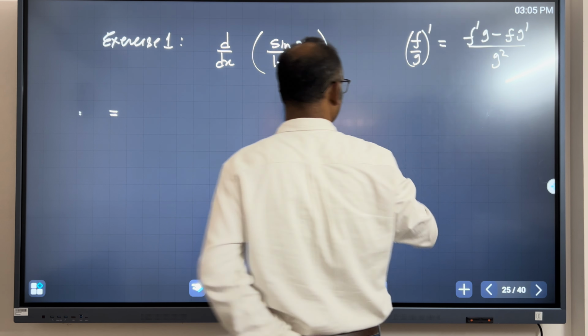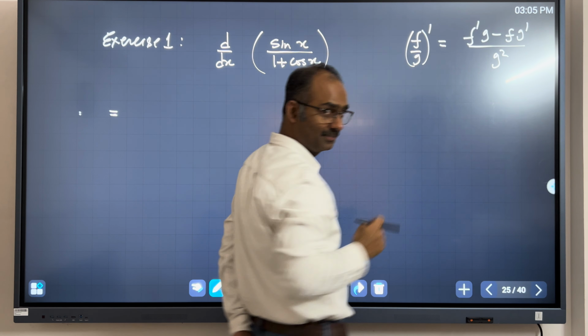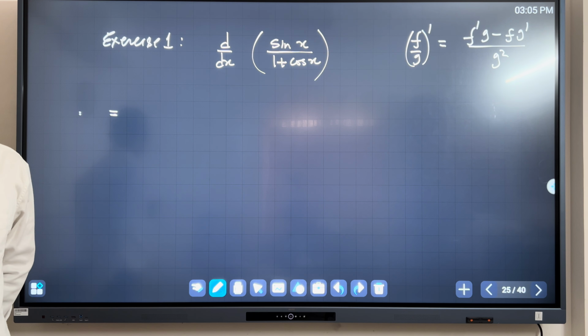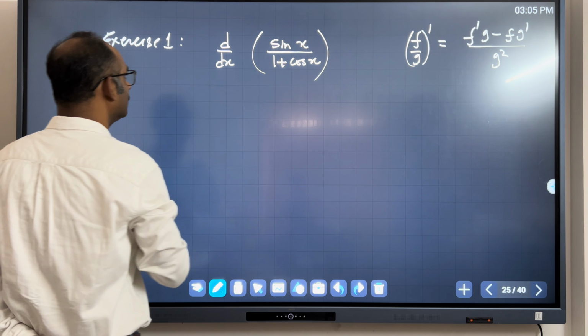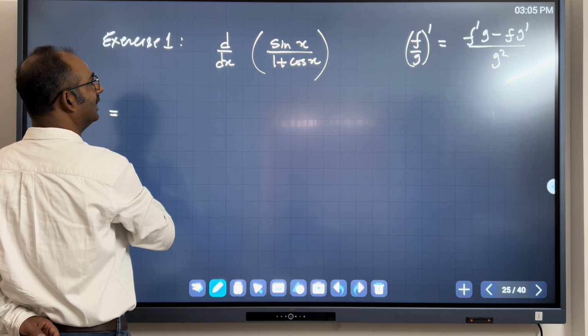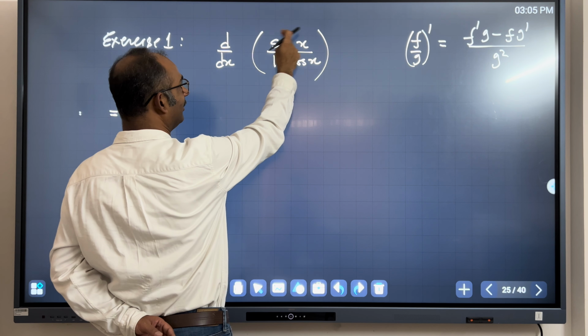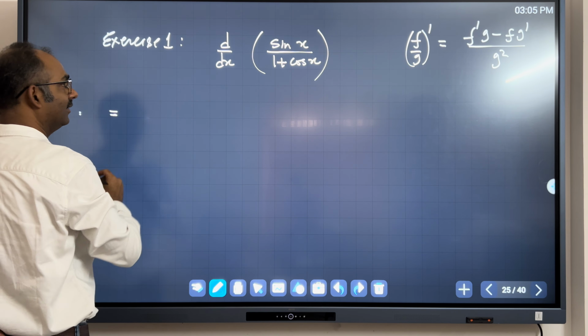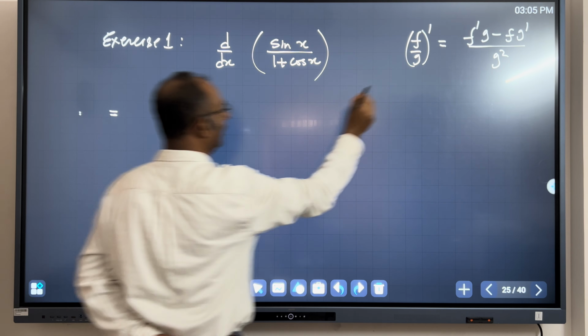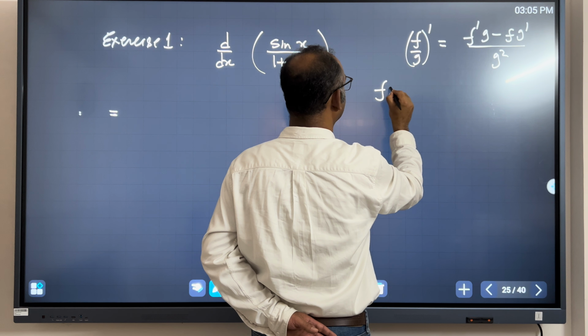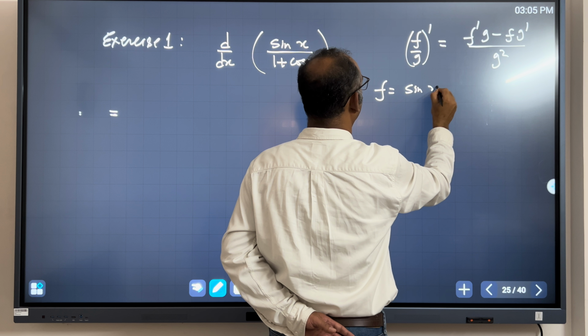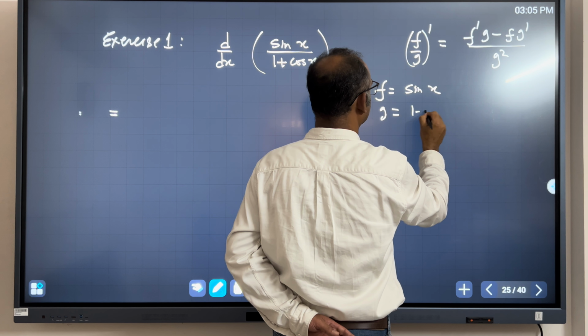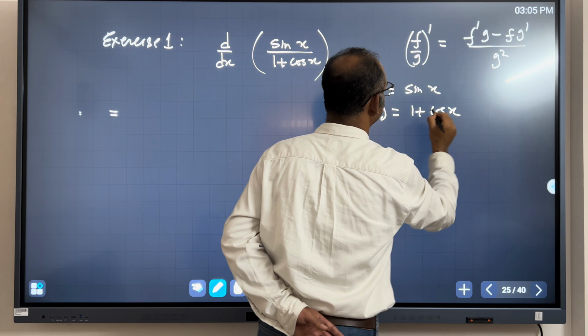Always start with the derivative of the first function. That's why I am being very careful with the order. So f is sine x and g is 1 plus cos x in this problem.